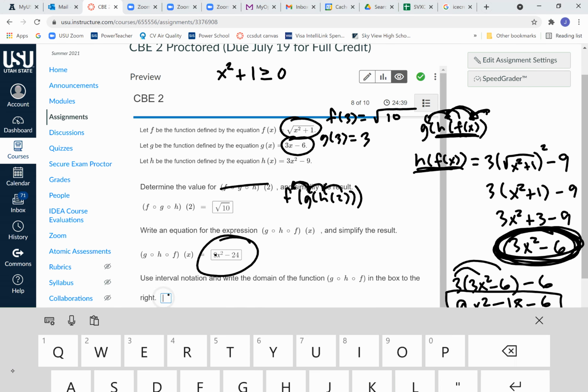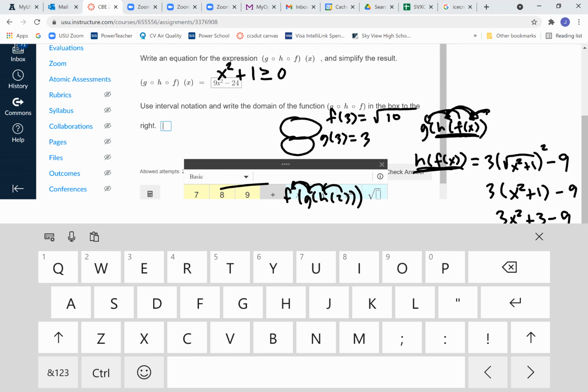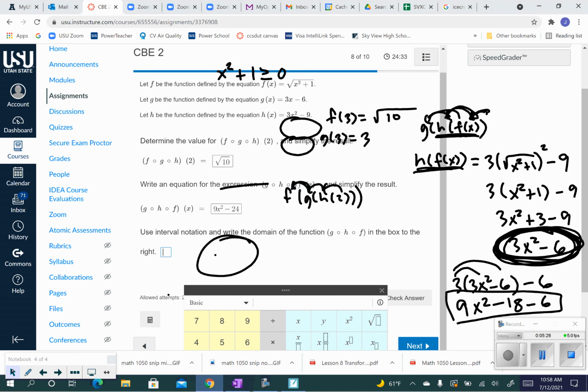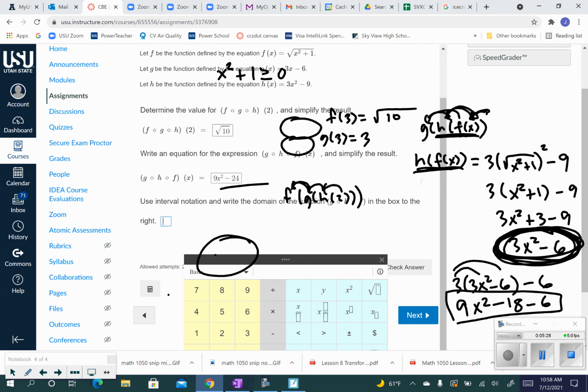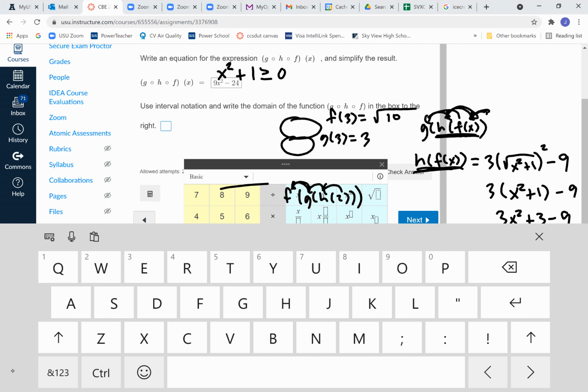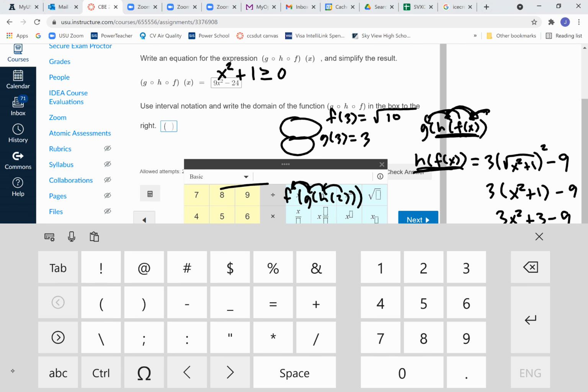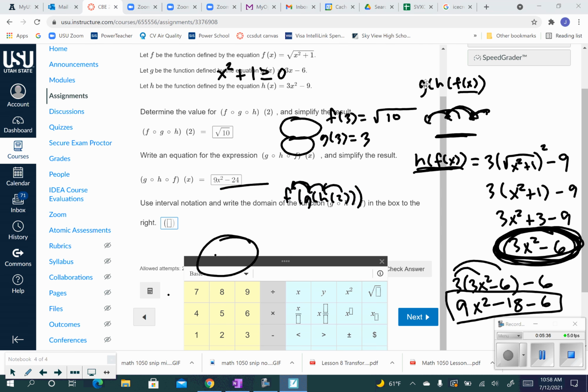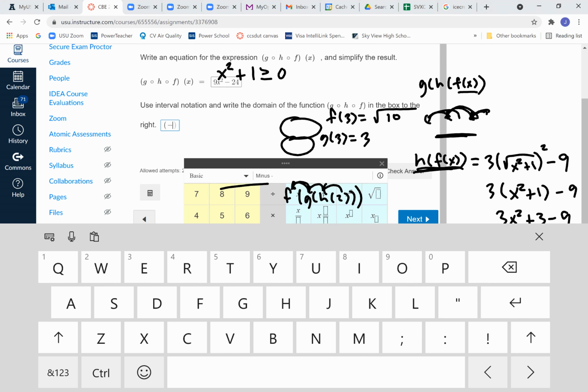Let's check it and see how we do. So we're going to do our interval notation: parenthesis, negative infinity to infinity.